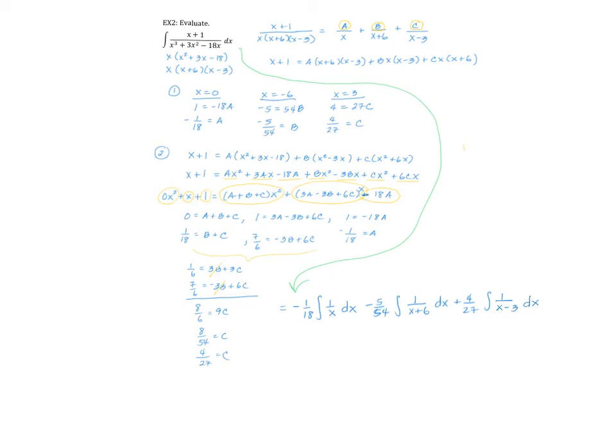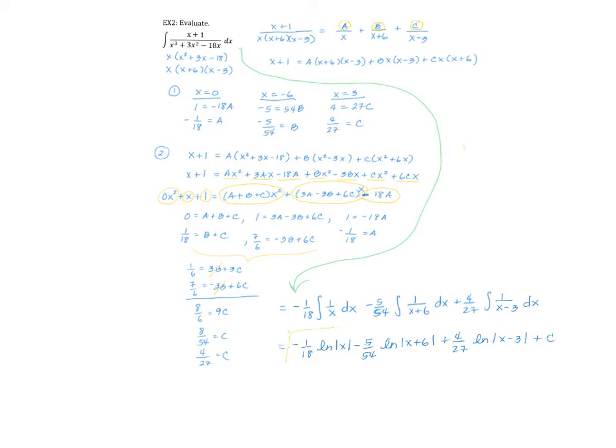And these are all just equal to natural logs, right? This would be equal to negative 1 over 18, natural log of absolute value of x, minus 5 over 54, natural log absolute value of x plus 6, plus 4 over 27, natural log, absolute value of x minus 3, plus our constant c.